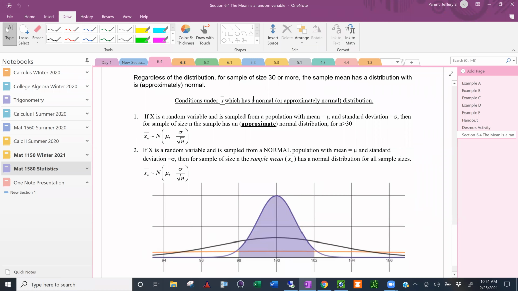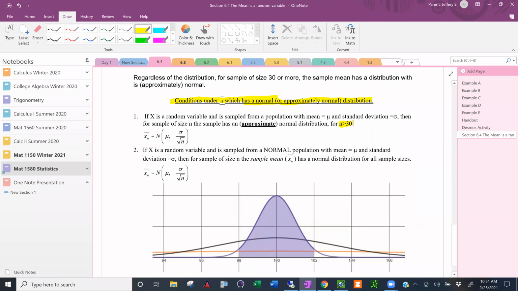So let's discuss those two different ways. Down here: conditions under which X bar has a normal or at least approximately normal distribution. There are two possibilities. The first is a sample size that is large enough, say a sample of size 30.